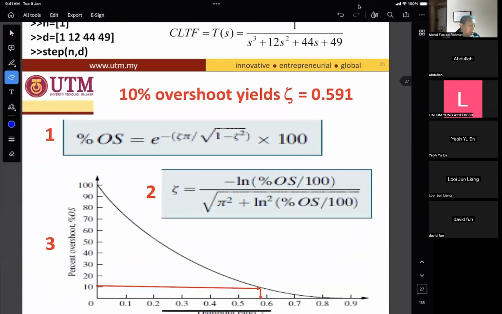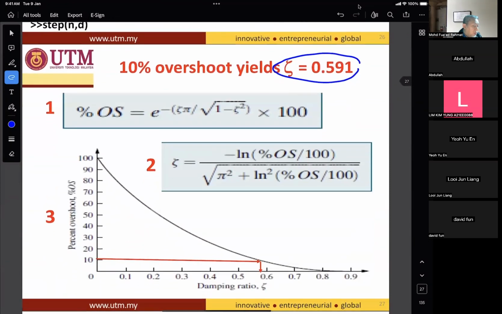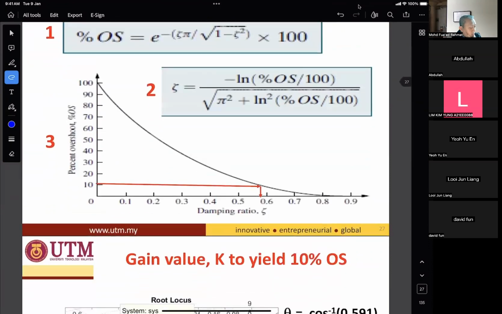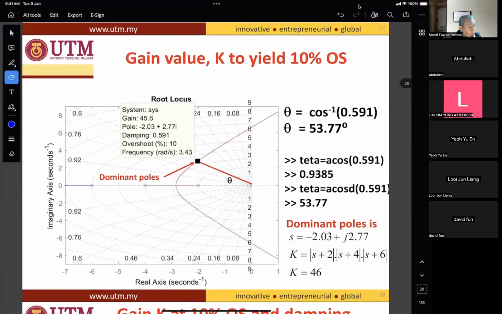So for 10% overshoot, we can get zeta 0.591. This one is achieved from the graph. The graph is given, or you can use formula number 1 and number 2 shown in the slide.